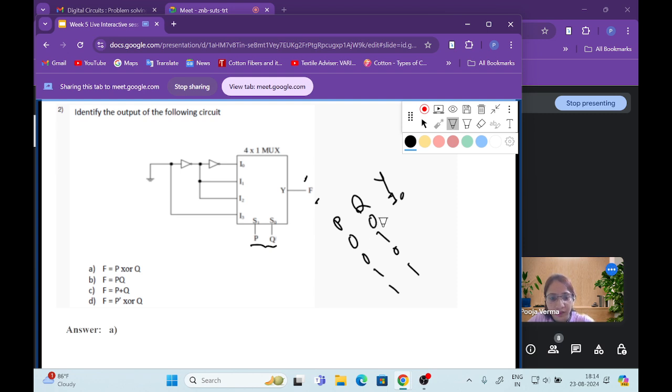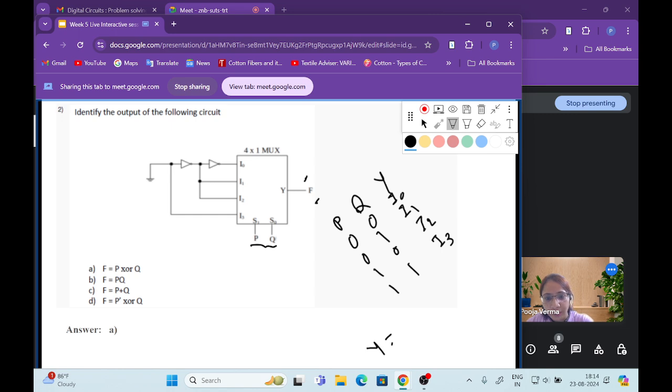When P and Q are 0 1, then I1; when it is 1 0, I2; and when both are 1, then I3, right? Then how can we write the overall output? Sum of all those.